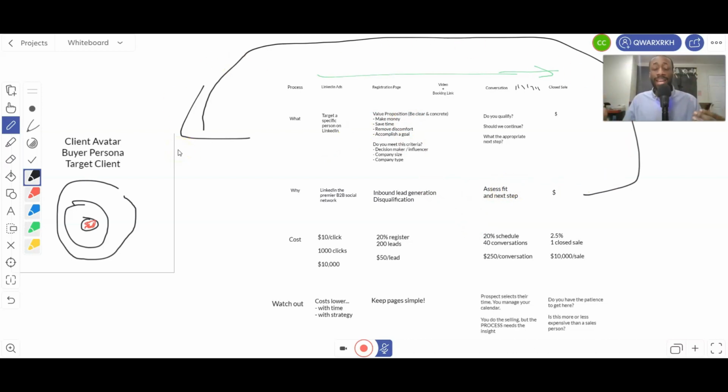Oftentimes, the mistake we make is we make these micro changes. We look into the dashboard itself and we try to use those numbers to tweak what to say in the ads, or move the headline 3 inches to the left or to the right, or change this image or picture. Yes, those things have some value, but there's nothing more powerful. The number one thing you can do to maintain the integrity of this feedback loop is to look at what people are saying when you talk to them on the phone.